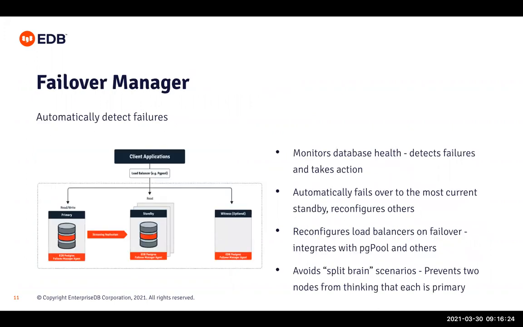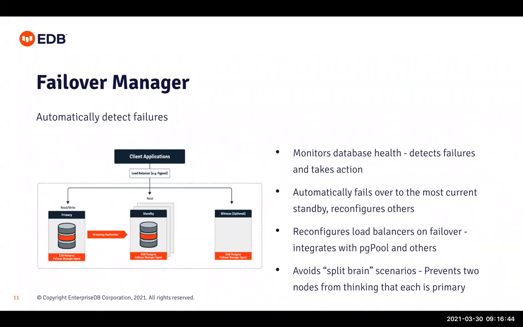Failover Manager is the tool that monitors your databases, and once it determines that the database is down and you can't connect to it anymore, it will automatically do a failover to the standby.